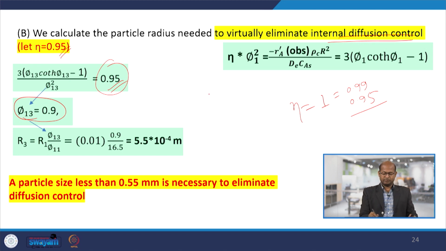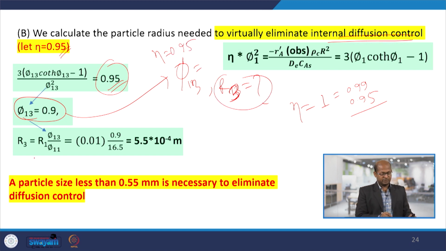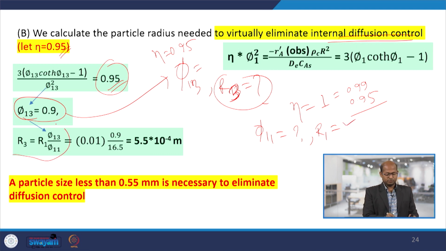Here is the particle size, R 3, for particle 3, which we have to find out. We have found phi 1 3 from here by considering eta equals 0.95. Then R 3 we can evaluate if we know phi 1 1 equals some value for the R 1 particle size. So, R 3 we can find out, that equals 5.5 times 10 to the power minus 4 meters.